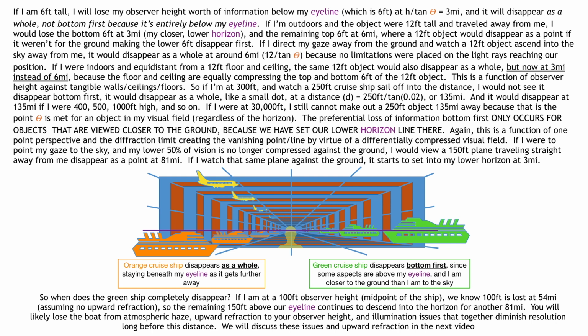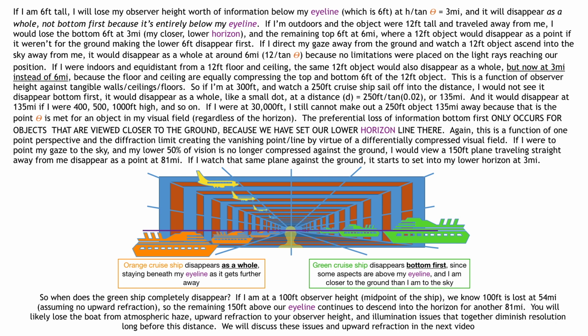Well, the bottom 6 feet is lost at that 3 miles, right? It's reached theta within my lower visual field, but there's still 6 feet remaining of that boat above within less compressed visual field lines. So that 6 feet now is going to take an additional 3 miles to disappear. So essentially my 12-foot object still disappears at 6 miles, but it does so differentially with the bottom first.